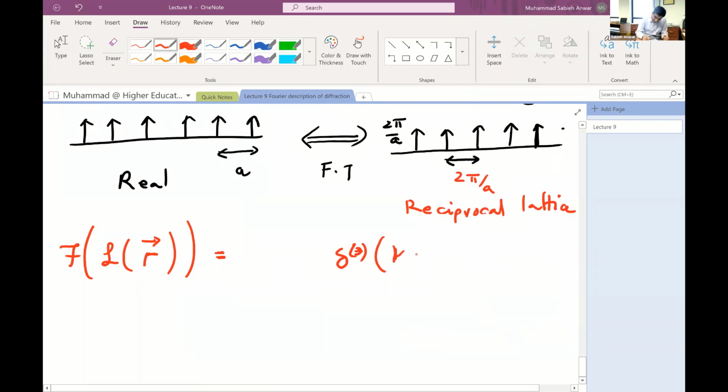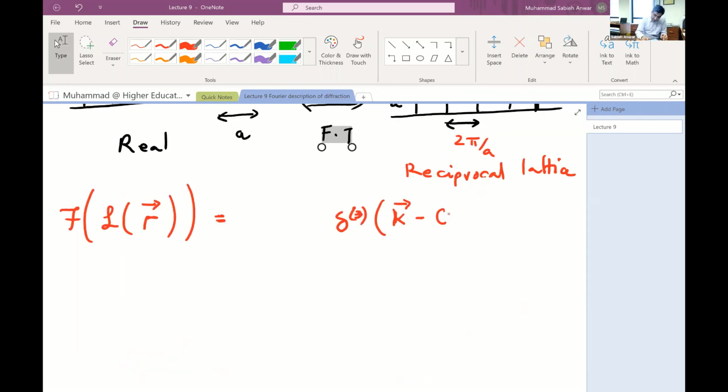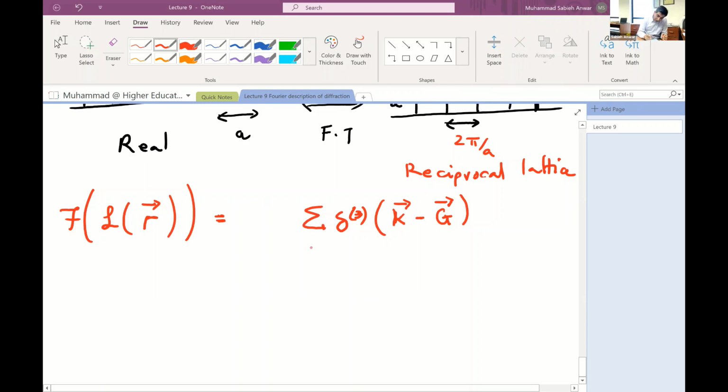And if you recall, n into 2 pi over a is just the length of the reciprocal vector. And when I'm talking about 3 dimensions, this becomes the reciprocal vector itself, which I'm denoting by G. And I have to sum up over all G's.